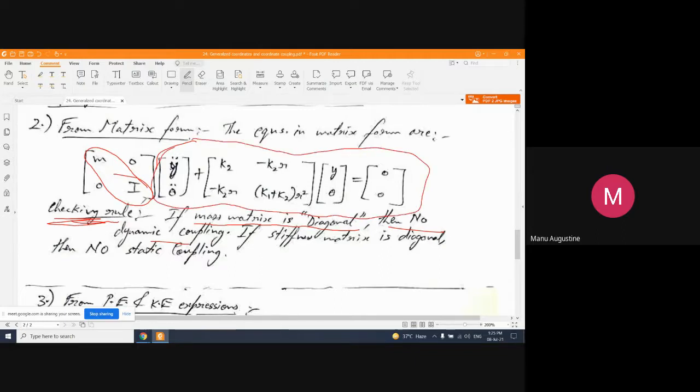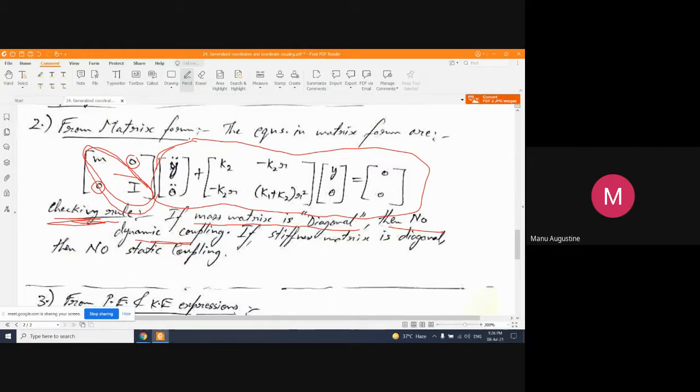You just construct the mass matrix and check whether it is diagonal or not. Yes, it is diagonal. So you say there is no dynamic coupling. So that means if there is some other numerical value sitting at the other parts where usually zeros creep in, then you say that there is dynamic coupling. Otherwise, in most of the cases, when you simply see a diagonal mass matrix, you say no dynamic coupling.